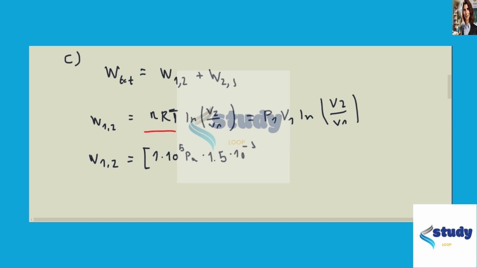This is for the volume, V1. And then in the natural logarithm, we have 6 over 1.5. And this will be in joules. When we place these values into a calculator and evaluate, we obtain that the work from 1 to 2 is 208 joules.